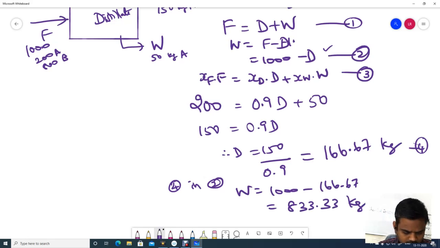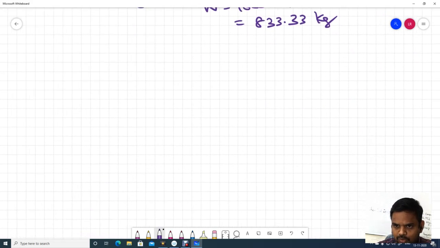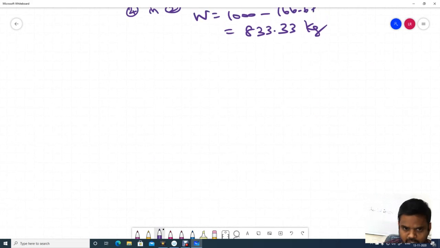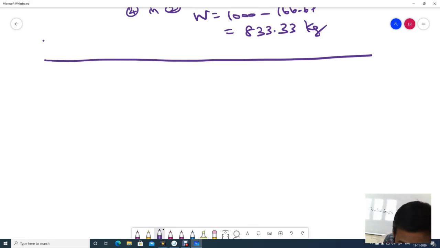Okay, so F value we have, D value we have, W value we have, and we know the amount of acetone present in each stream. So we can make the table of composition. Okay, so we can make a table of composition. So draw a table.